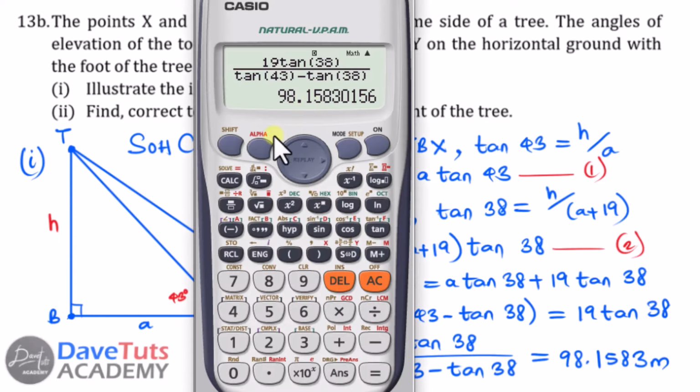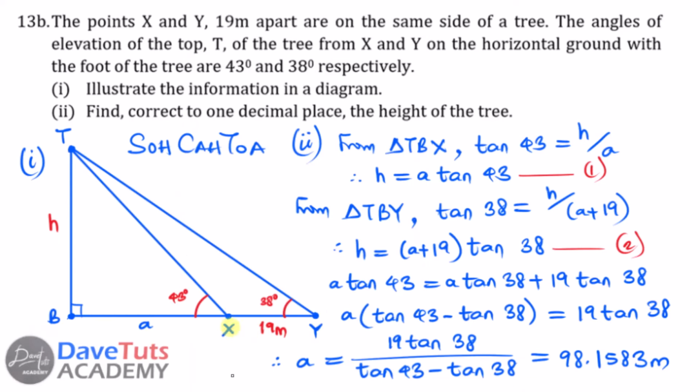This is just the value of a, the distance between the base of the tree and point x. What we have to find is the height h, and for that we can use either the first equation or the second one. So I'm going to clear my board.